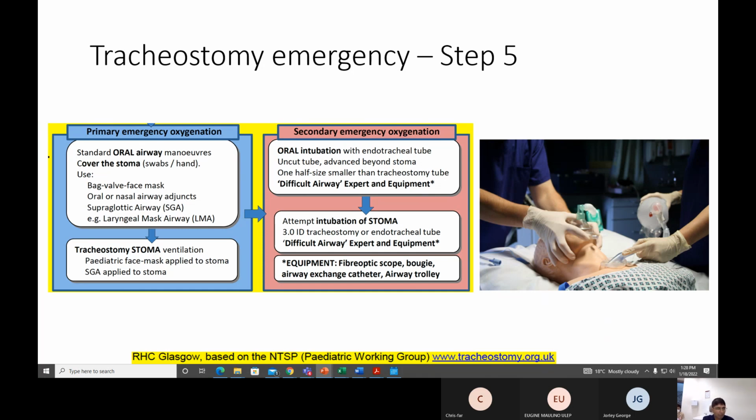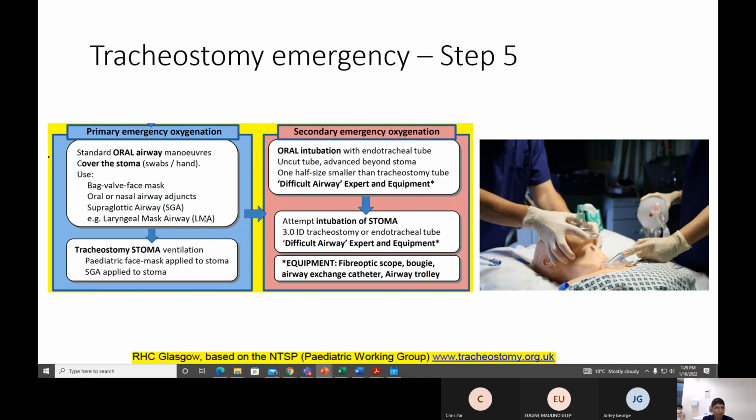So the 2 things you can try: if the airway is maybe still obstructed despite positioning, you may be able to bag the patient with an oral airway adjuvant. Either you can use an oropharyngeal airway or you can use a supraglottic airway like LMA to make the airway more patent and bag the patient.